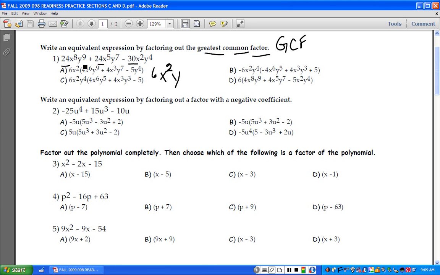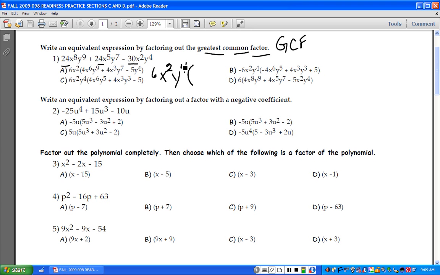Do the same thing for the y's. We have a y to the 9th, in the middle a y to the 7th, and at the end a y to the 4th. The smallest exponent of those y's is 4, so that's what we pull out. Then we open up parentheses and write what's left of our 3-term polynomial after factoring out a 6x squared y to the 4th.